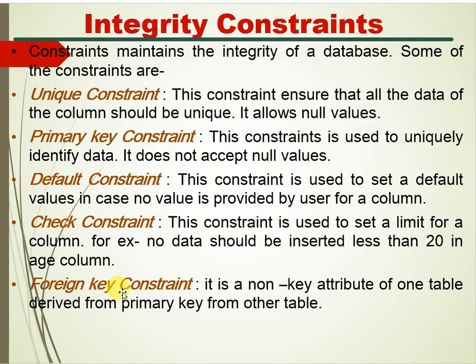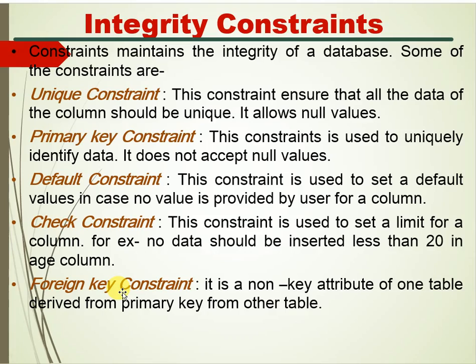Default constraint. This constraint is used to set a default value in case no value is provided by the user for a column. Check constraint. This constraint is used to set a limit for a column. For example, no data should be inserted less than 20 in a column.